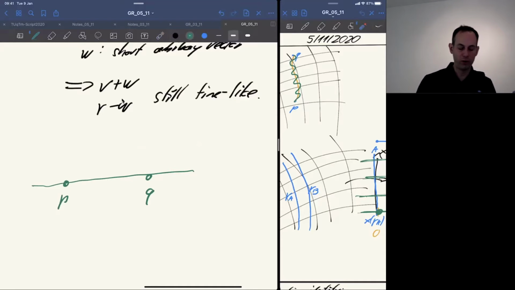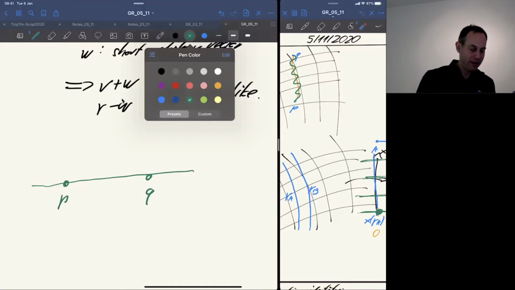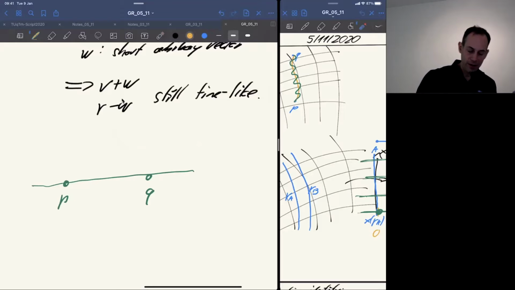Now I want to know what's the distance between these two points, which are still events, but now it makes sense to talk about the spatial distance because I've defined that they are simultaneous.